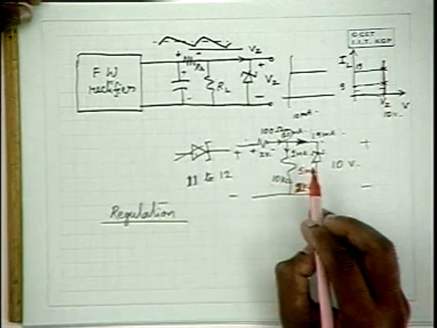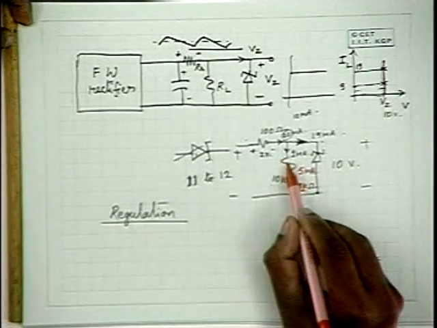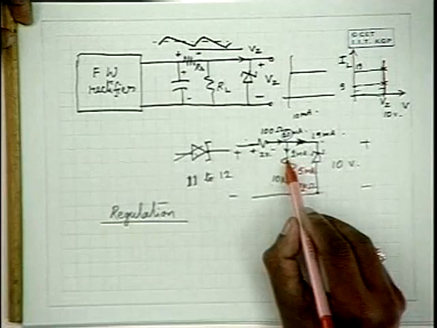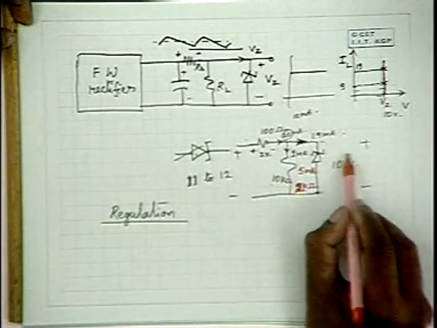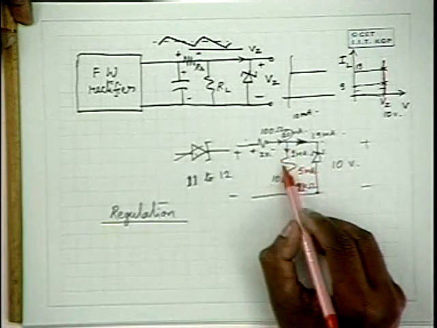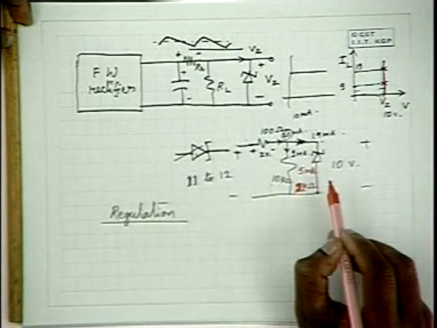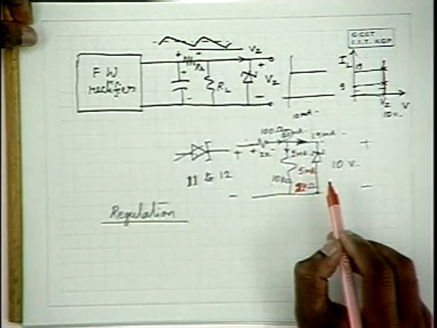Hence, to a good extent, this circuit provides almost a constant voltage with varying load resistance. Hence, regulation is good. The percentage regulation is low, and the voltage regulation capability of the circuit is good.